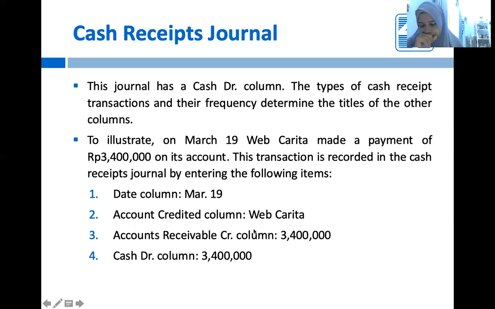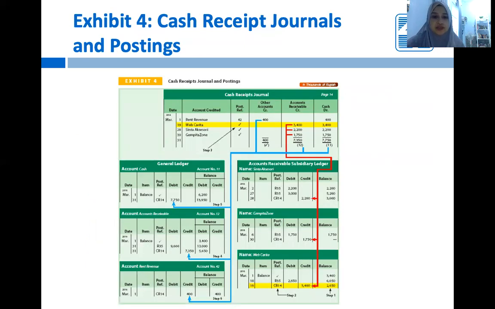It is the same format as the revenue journal, but because this is a cash receipt, it is an asset, so the nature is debit. So we don't need to provide a column for debit anymore, but we provide a column for the account credited, which is the account that we credit. And then we have the accounts receivable credit column and cash debit as well.